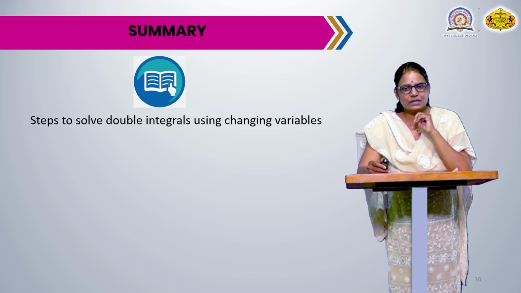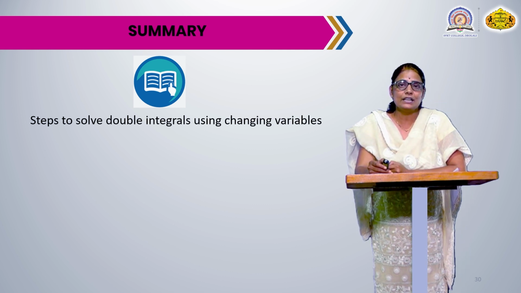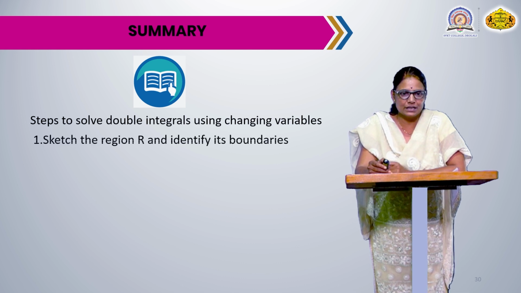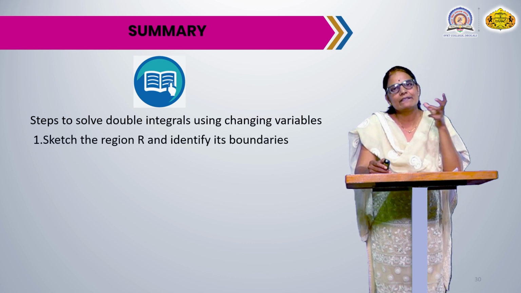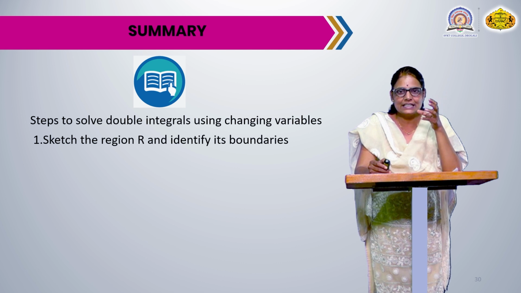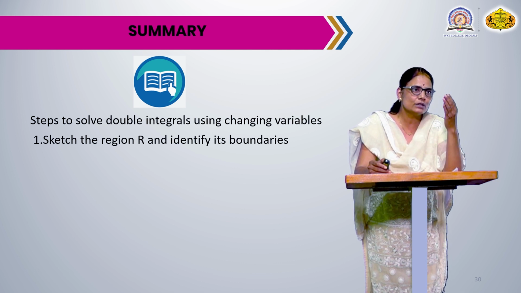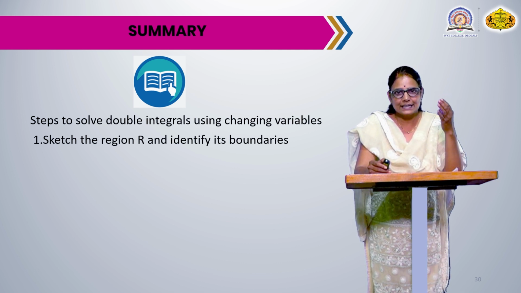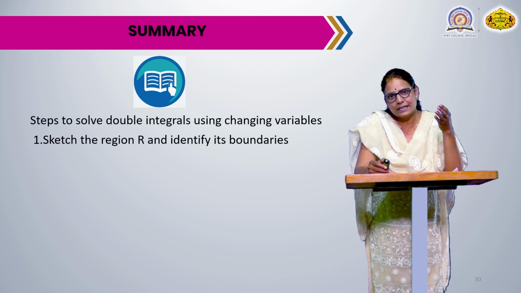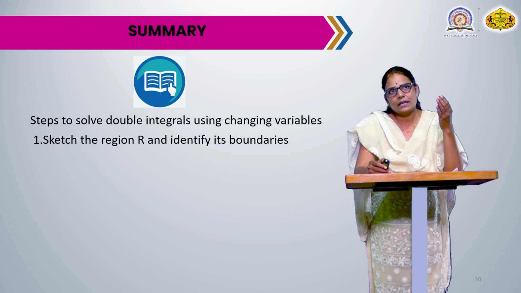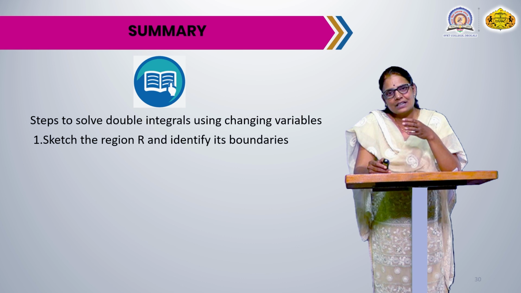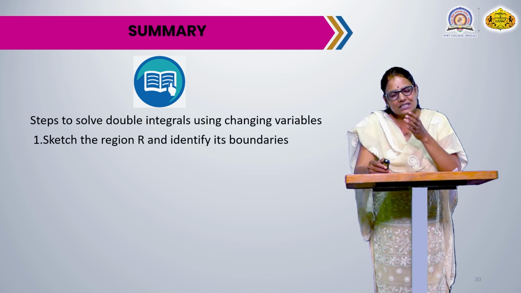The first step to solve the double integration by changing variables is that we have to be given the integration. If it is not possible to solve it directly, or it is complicated to solve directly, and if the transformation is given, then it doesn't matter.